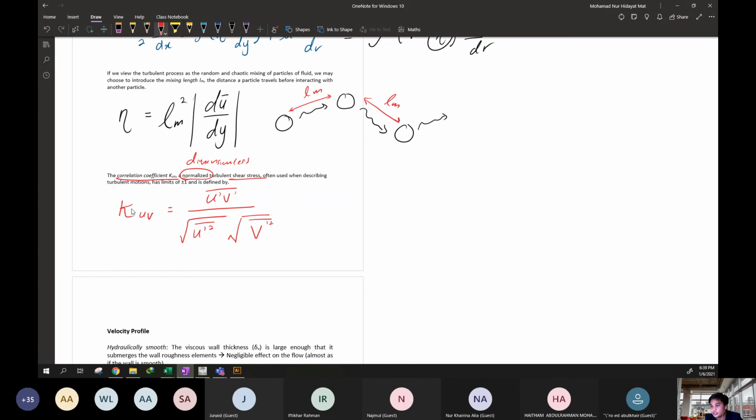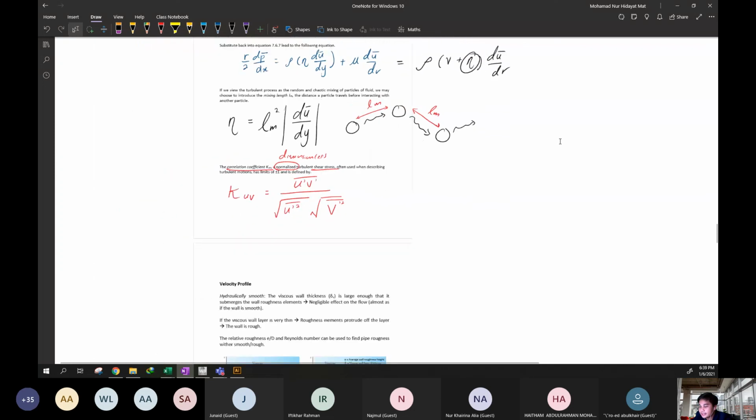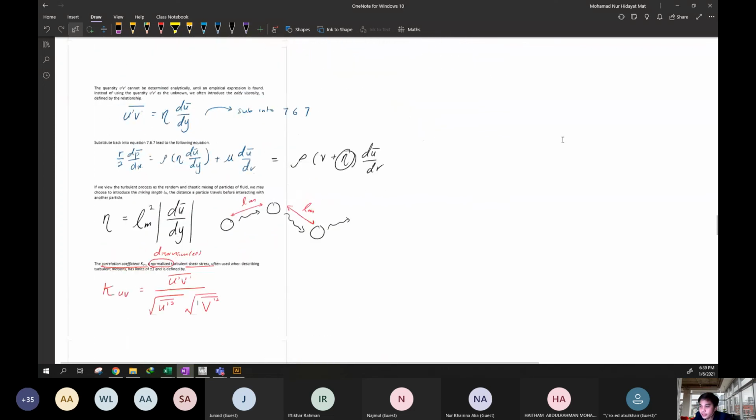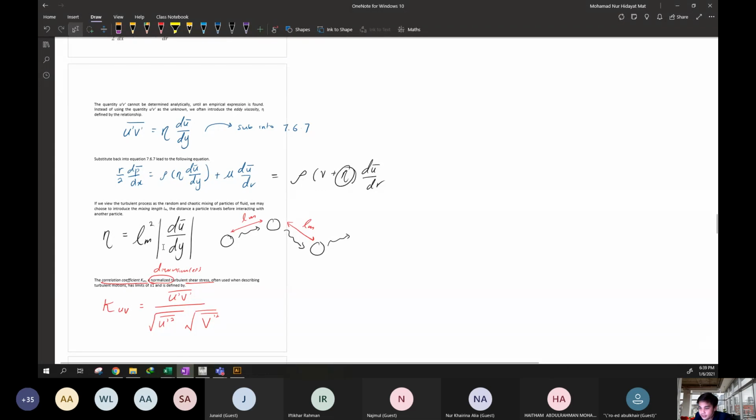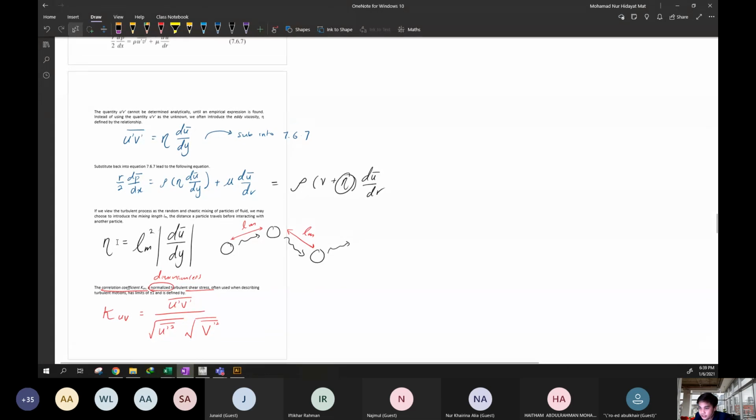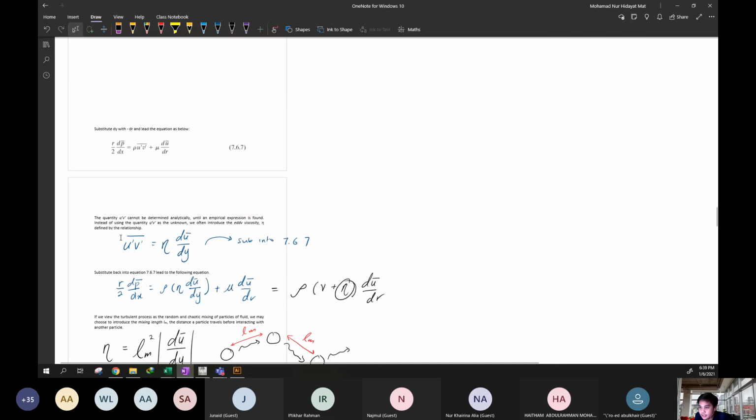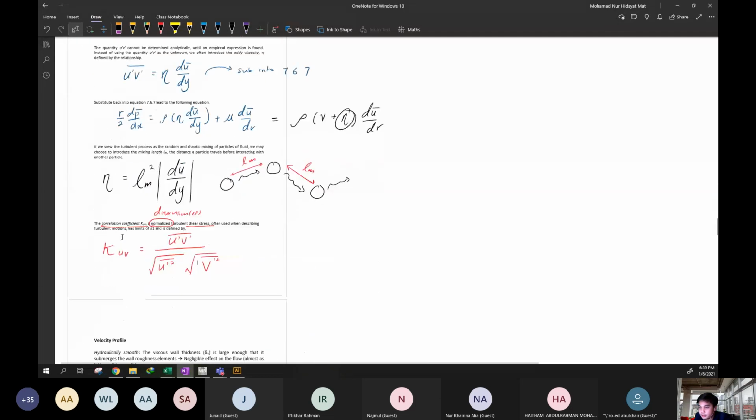This is the shear stress correlation coefficient. Okay, I think that's all for today. This is the definition for you to understand the eddy viscosity by this relationship, with the derivation and all this.